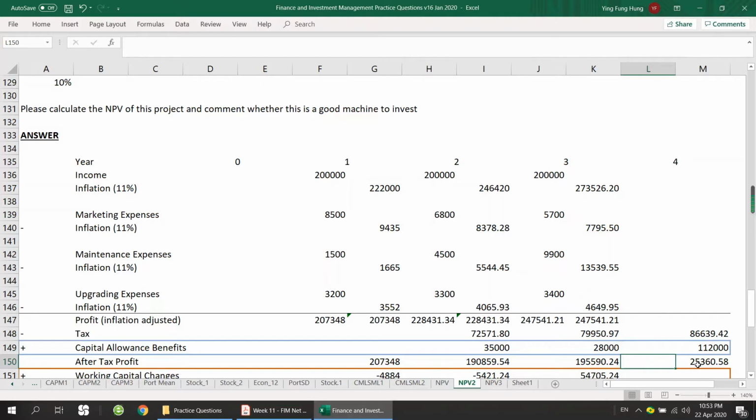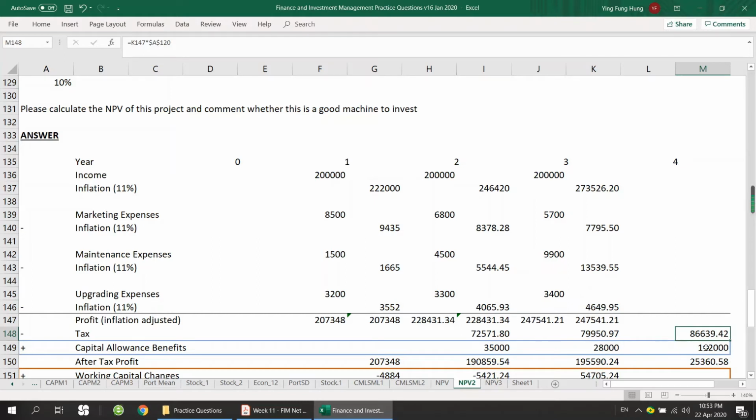And for the fourth year, since we already sold the machine and we are not operating anymore, we do not have any profit. However, because the tax is paid one year later, if you remember, we have to pay the tax of 35% for the profit that is generated in the third year. And then similarly, we can also claim a capital allowance benefit at the same time when we pay the tax.